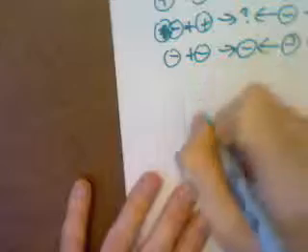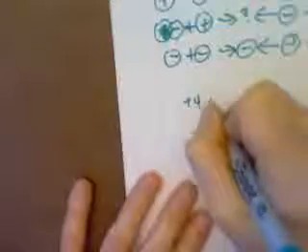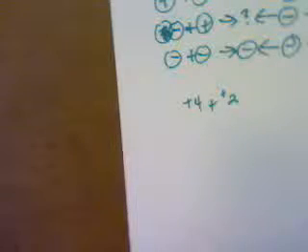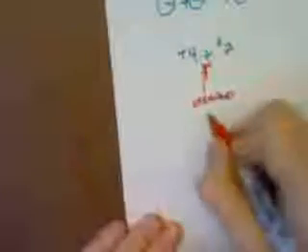Well, before we do that, let's do one thing quickly. If I have positive 4 plus a positive 2, this particular sign right here is the operand. It's going to be plus or minus, or times or divided by.